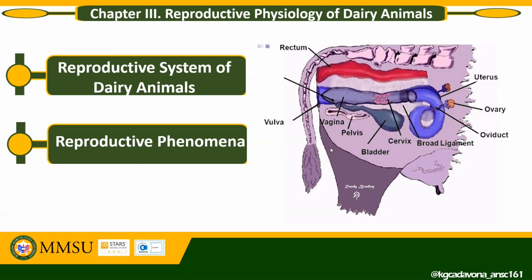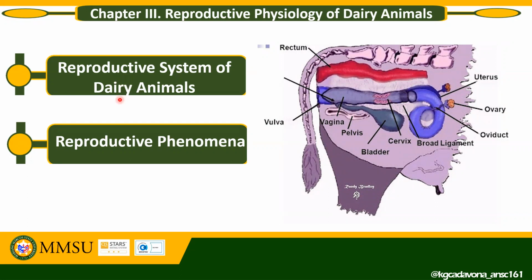Good day, everyone. So we are now on the third chapter of our course, which is on the reproductive physiology of dairy animals. So we will be talking here about the different parts and functions of the reproductive system of the dairy animal.